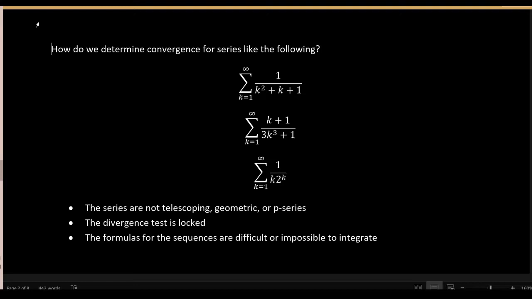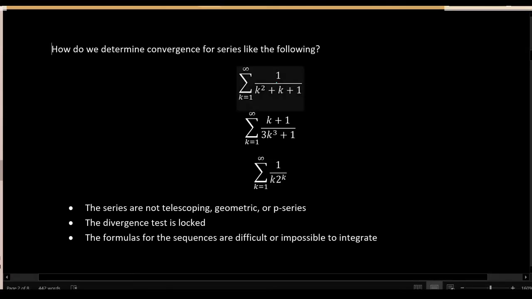Now, the thing that we're going to exploit when we introduce the following comparison tests is that each of these series kind of is related to, kind of looks like another series that we do know how to deal with. For example, here, 1 over k squared plus k plus 1.